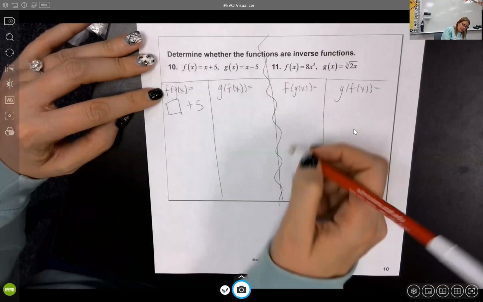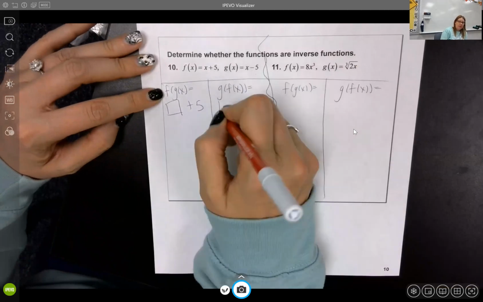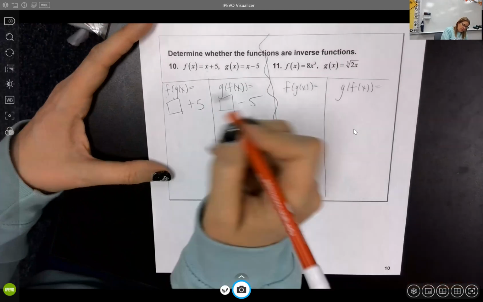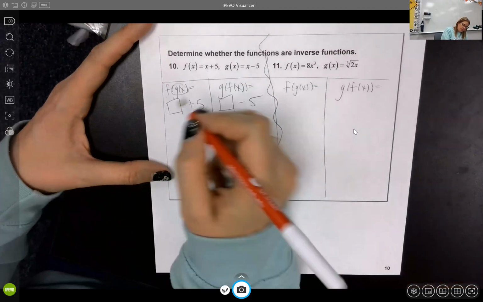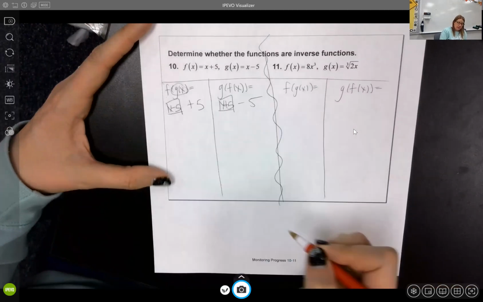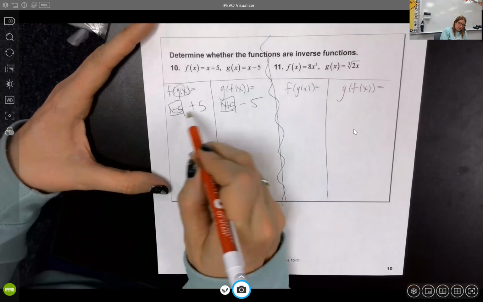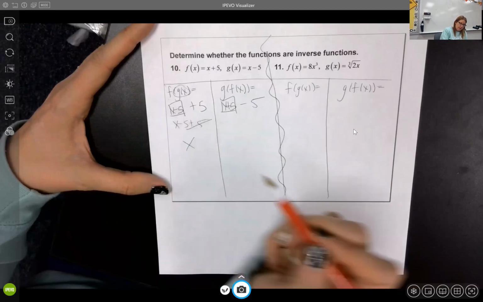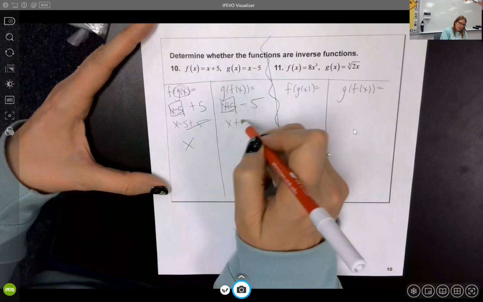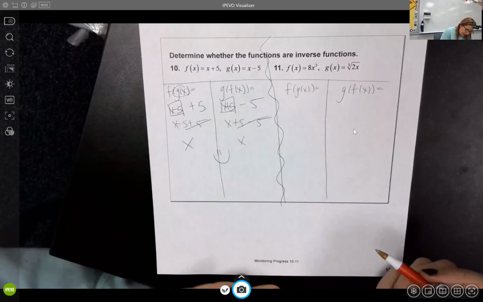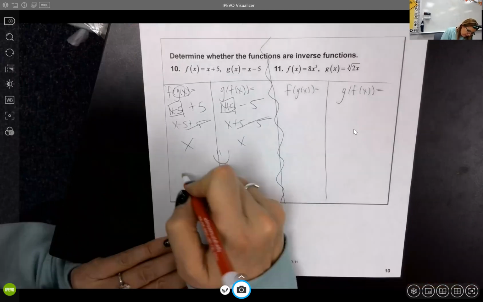And over here, I have a box minus 5. This one, I'm going to put the g of x inside, so x minus 5. And this one, I'm going to put f of x inside. Either way, I'm going to get x minus 5 plus 5, which is just x. And here, x plus 5 minus 5, which is just x. Yay, I verified it. So yes, they are inverses.